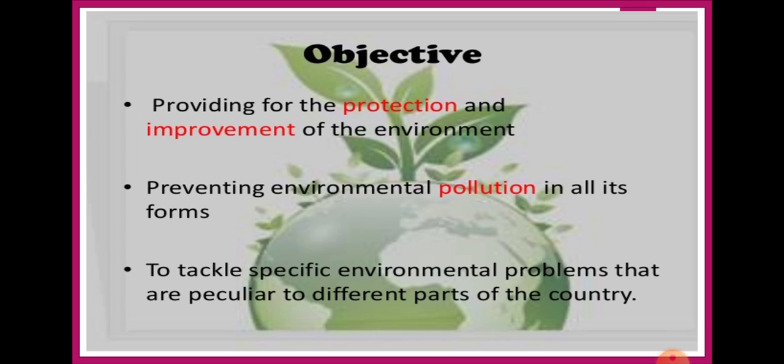Providing for the protection and improvement of the environment, preventing environmental pollution in all its forms. To take up specific environmental problems that are peculiar to different parts of the country, like endangered species of animals or plants, and any human activities that are causing harm to the forest. All those important factors should be taken into consideration.